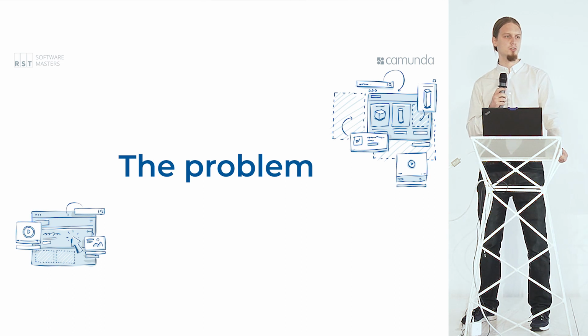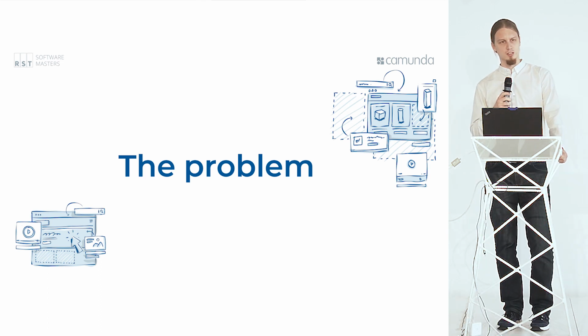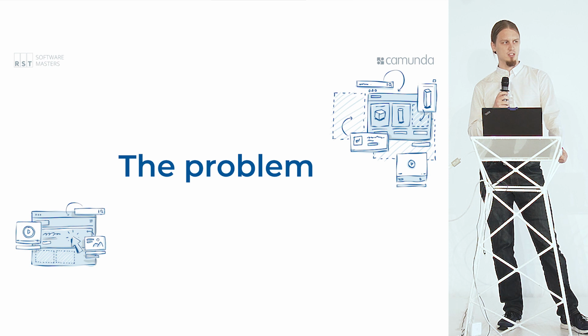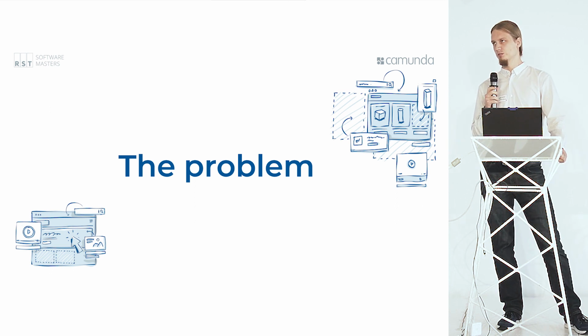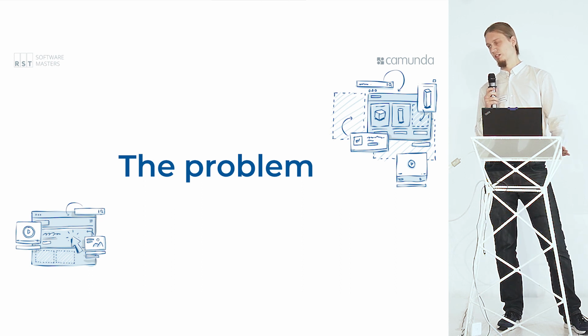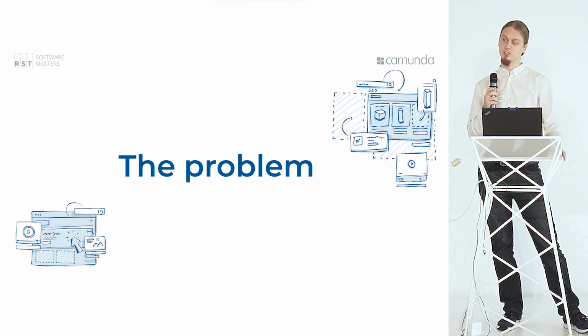So let me introduce you to the problem we stumbled upon. When we first started developing at Trans, we had this large-scale monolithic architecture system where everything was connected together, and nobody really had any control over the flow. So what we wanted to do is to set ourselves some goals. Our goals were to transform this system into something very scalable and reliable.